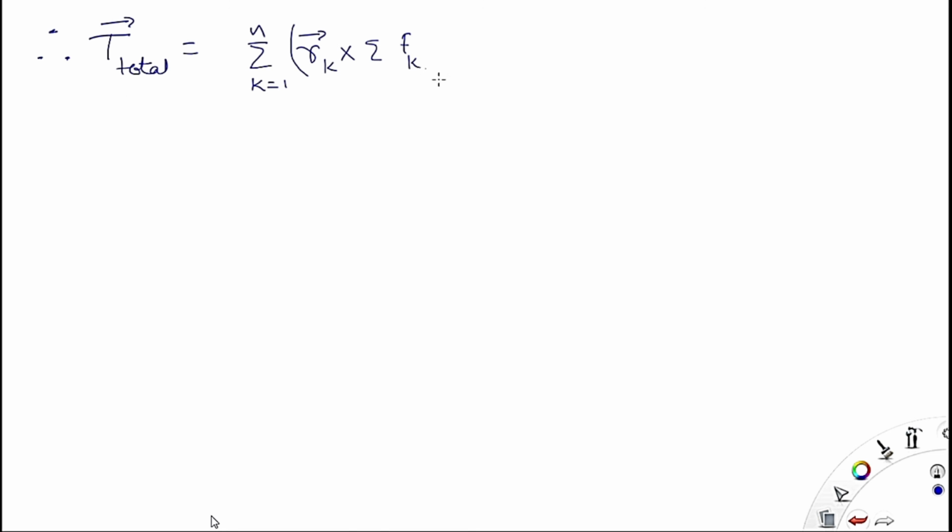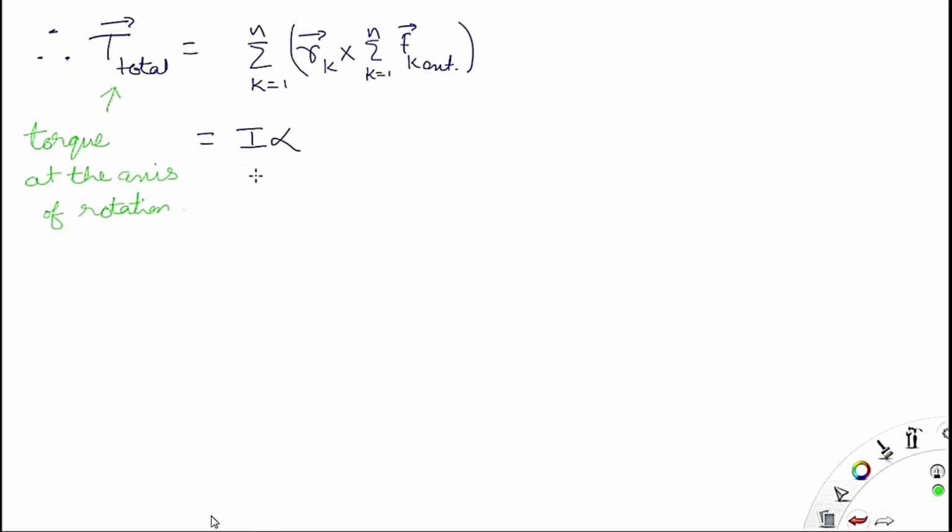So the total torque acting at the axis of rotation is equal to summation of r cross external forces, which is equal to I into alpha. I is the mass moment of inertia about the axis of rotation, and alpha is the angular acceleration of the particle. Okay, so thank you.